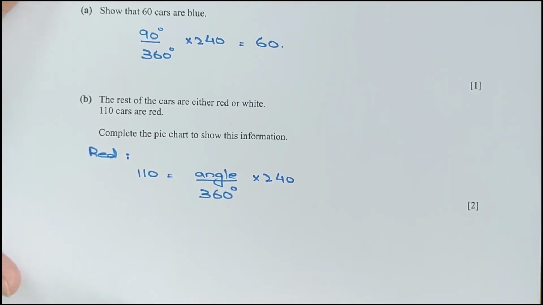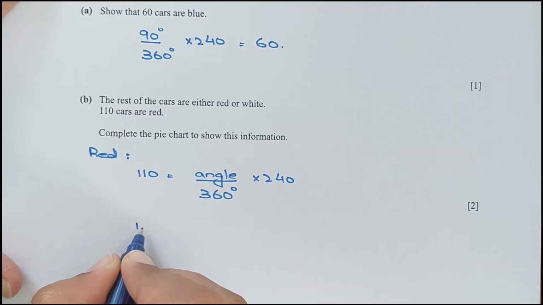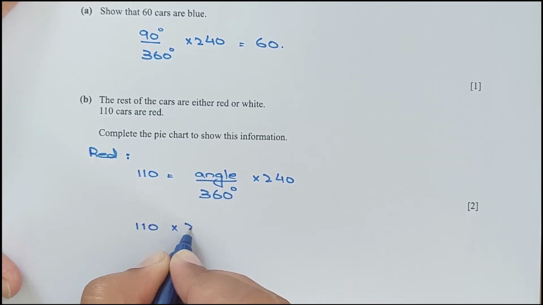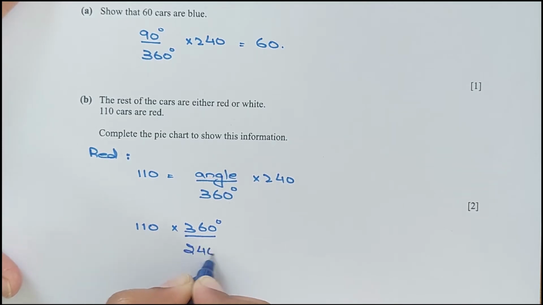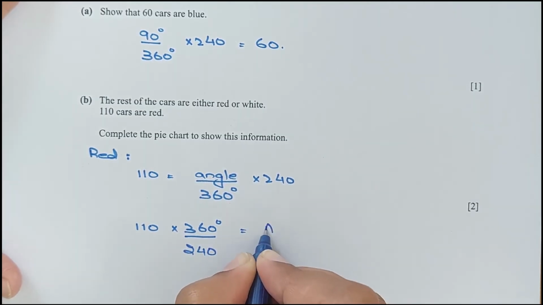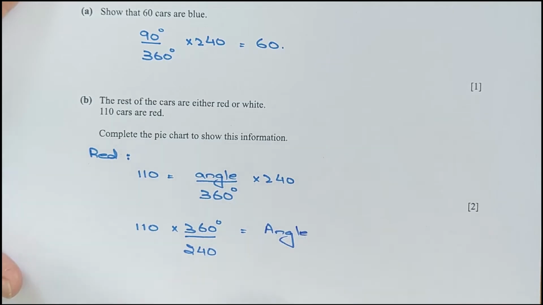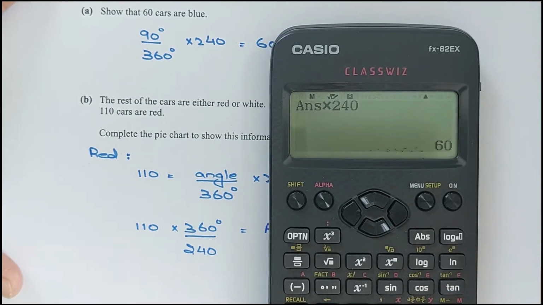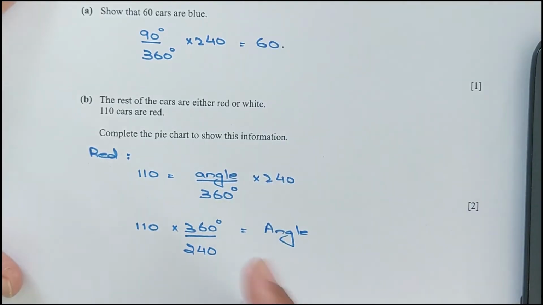Let me calculate the angle for this one. So 110 times 360 degrees divided by 240. This is the angle for the red, and the other one is the white, right? 110 times 360 divided by 240 is 165.